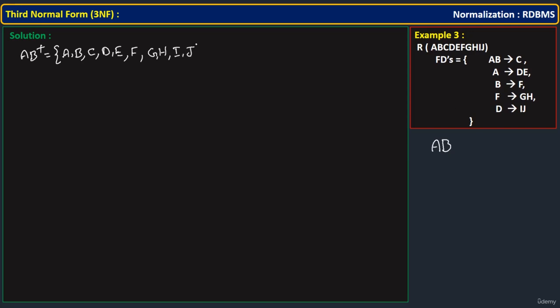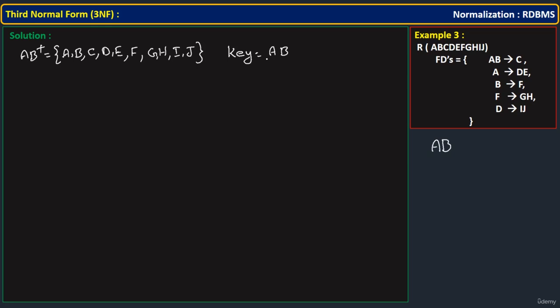If you observe, these two attributes derive all attributes in the relation. So that means the key is A, B. So the first step is done.